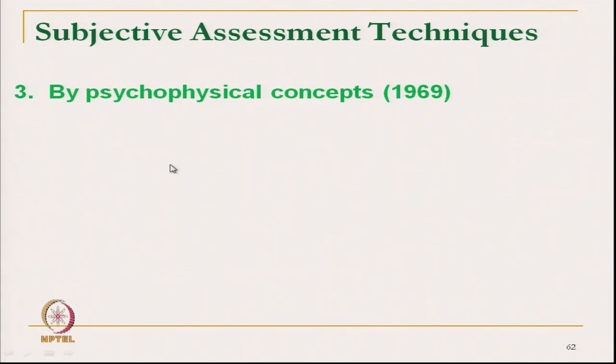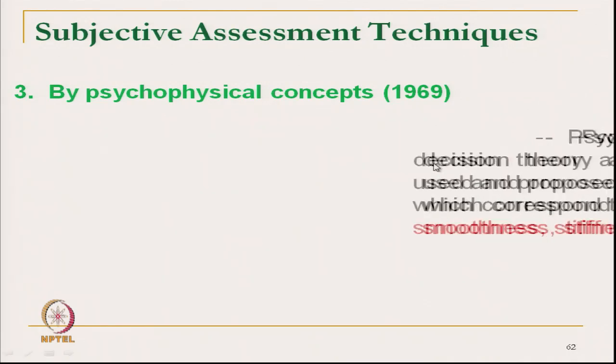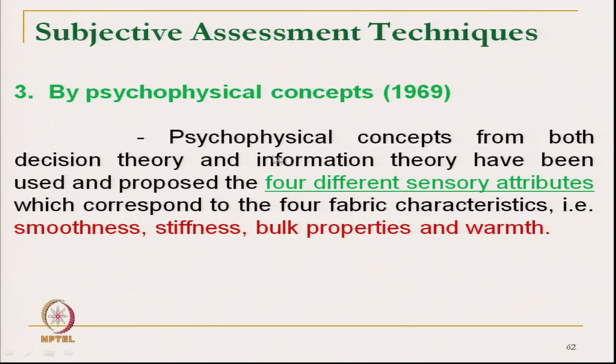Then the psychophysical concept was proposed. This concept, from both decision theory and information theory, was used and proposed four different sensory attributes. These are smoothness, stiffness, bulk property, which were proposed earlier also.